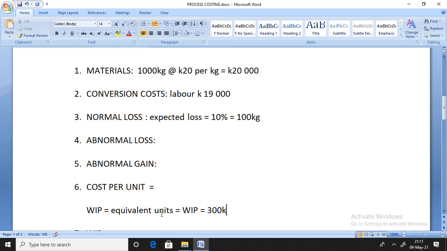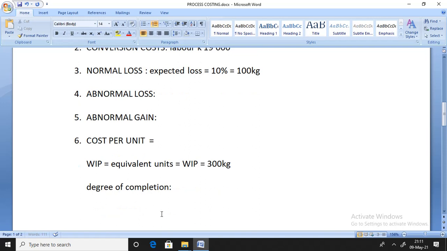So if you are given the degree of completion, say in terms of materials, maybe you are told that the work in progress is 100% complete in relation to materials. So the equivalent units for materials will be 300 kg.